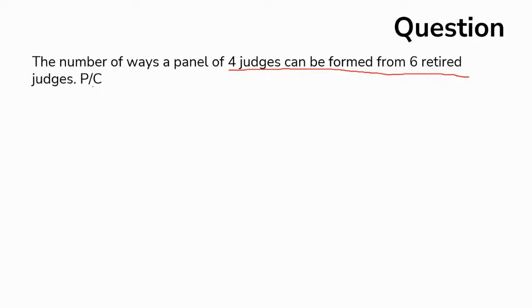It is going to be combinations because we are going to select them. There are six members in total, and in that you are going to select four members. So it is 6C4, and the value is 6 factorial divided by (6 minus 4) factorial into 4 factorial.